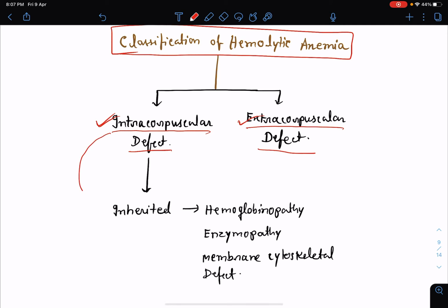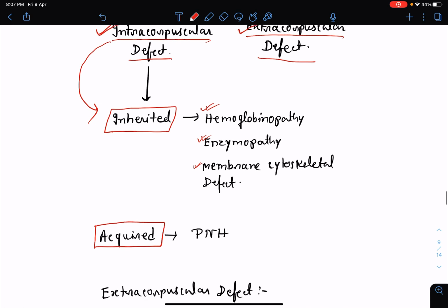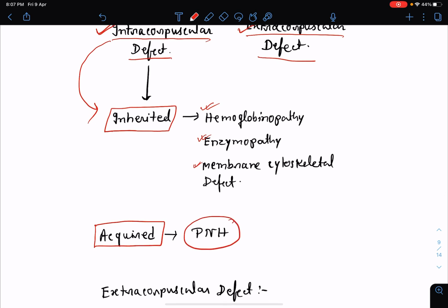In intracorpuscular defect, inherited cause can be different hemoglobinopathies or enzymopathies or membrane cytoskeletal defect. And acquired causes of intracorpuscular defect can be PNH or paroxysmal nocturnal hemoglobinuria.